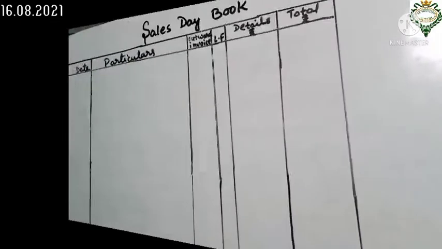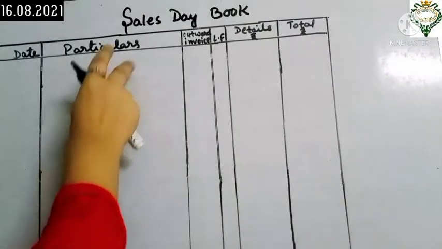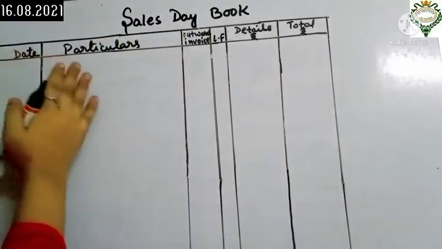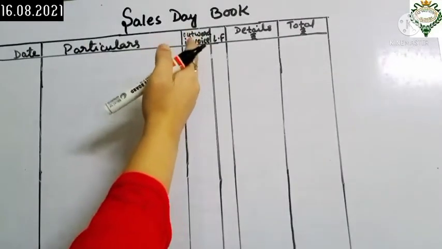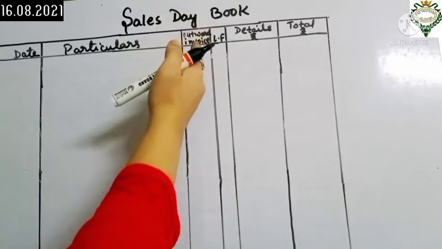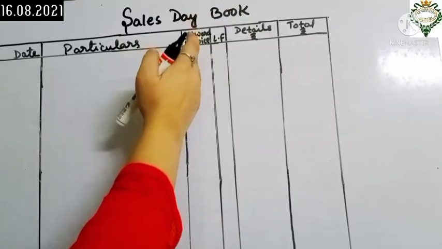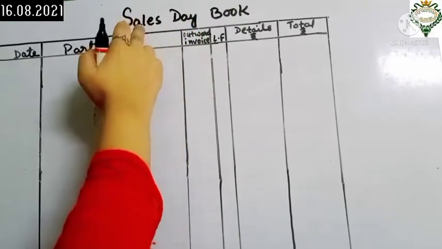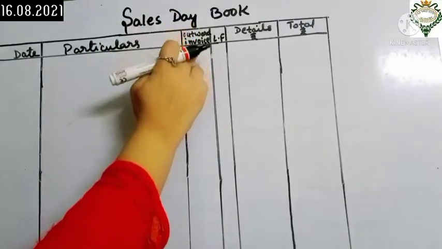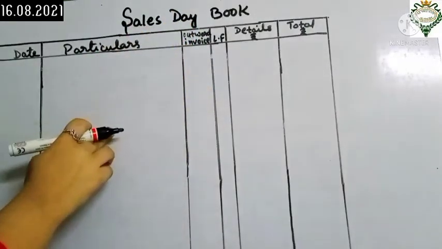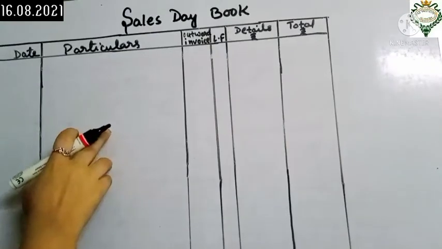This is the format for the sales day book. It is the same as the purchases day book, just here in this column we have to write outward invoice column instead of inward invoice, because it is the sales day book.